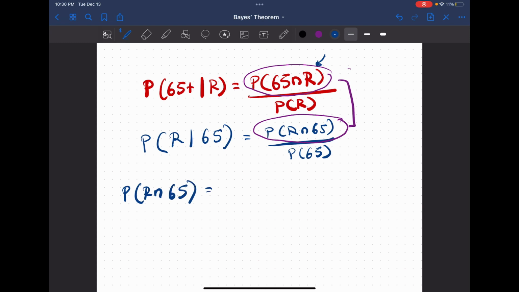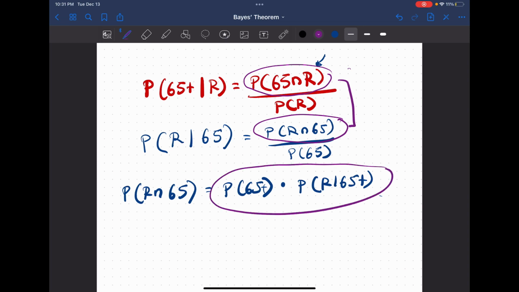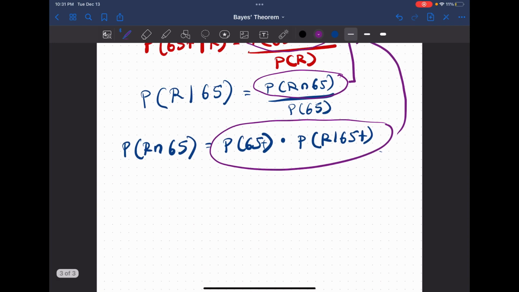The numerator is actually equal to the probability of 65 multiplied by the probability of R given 65, right? So we plug this equation into the first one. So let's do that now.